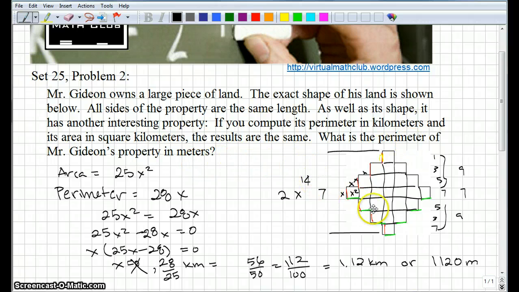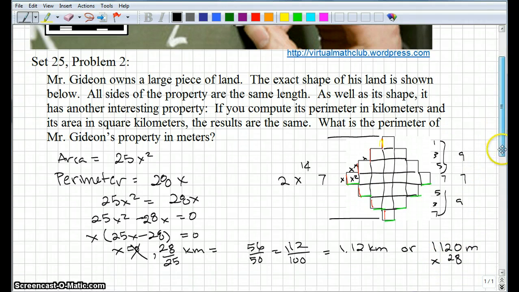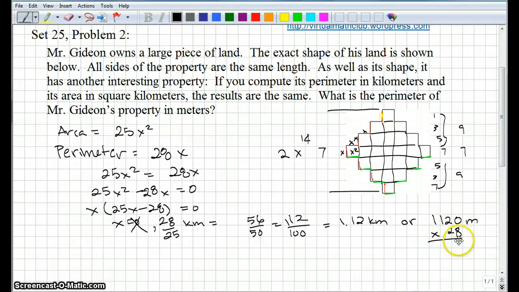Okay, so now that we have the perimeter in meters, or sorry, we don't have the perimeter in meters, we have the length of one side in meters, and now if we just take it times 28, so let's do that, times 28. Alright, let me scroll down and give myself some more room.